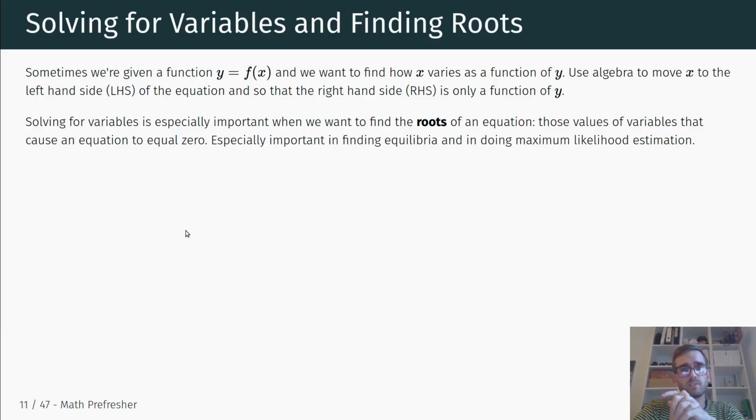Some examples in political science, if you're doing game theory, in order to find equilibria, we need to find roots of functions, and also to do maximum likelihood estimation. Ultimately, what we're doing is finding roots of derivatives in order to find the maximum likelihood estimates.